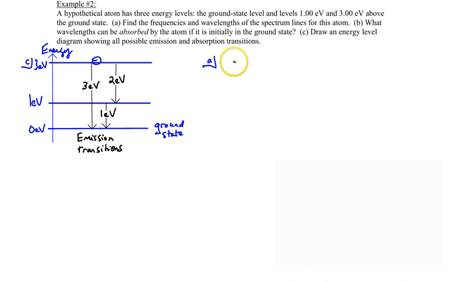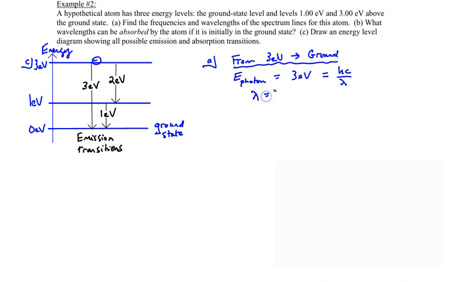All right, so now let's look at the wavelengths that we can get here. Let's say we're going from the 3 electron volts down to the ground state. Let's do that first. The energy of the photon is the energy level difference between here and here, which is 3 electron volts. And from that, we can calculate the wavelength because we know that this is equal to hc over lambda.